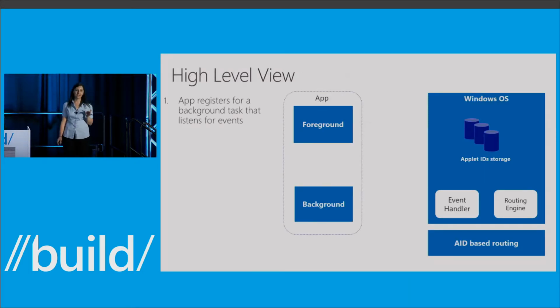I'm going to go through the high-level view of the architecture. On your right side, you see the Windows OS, which will provide 3 main functionalities for your app. One of them is registration of your cards and persisting those registrations. The other one is conflict resolution.